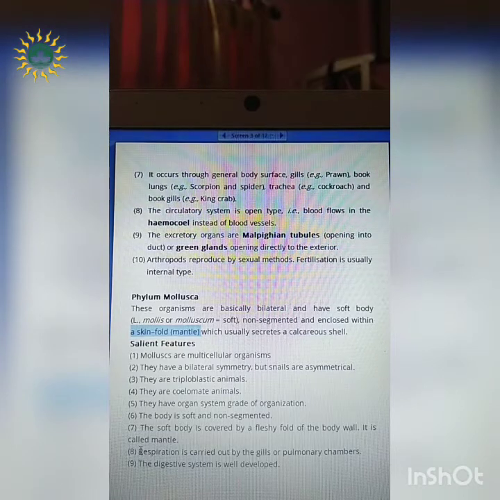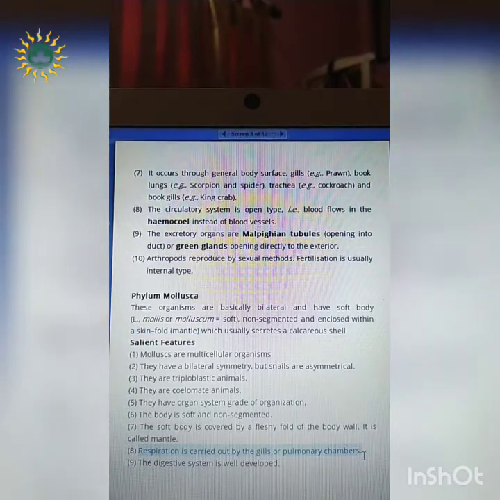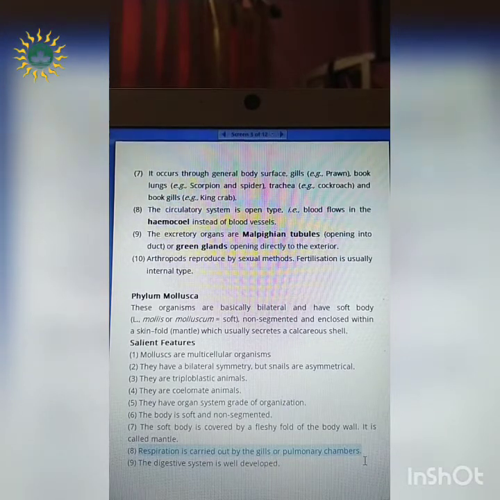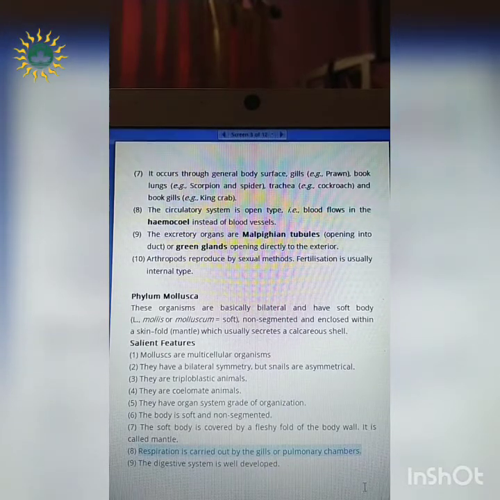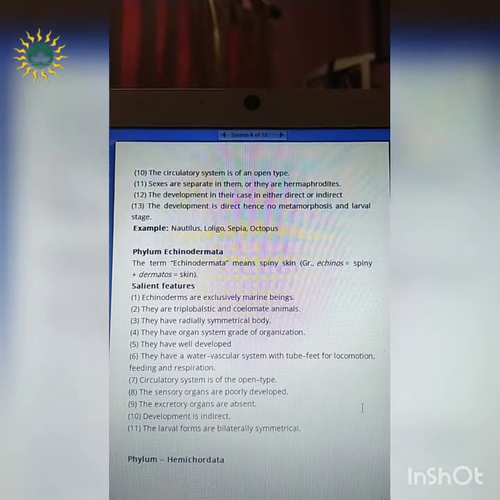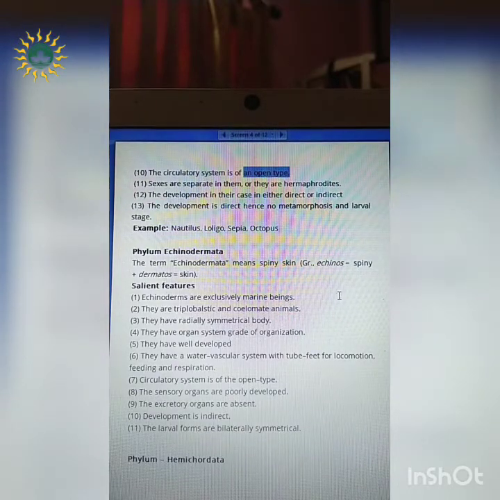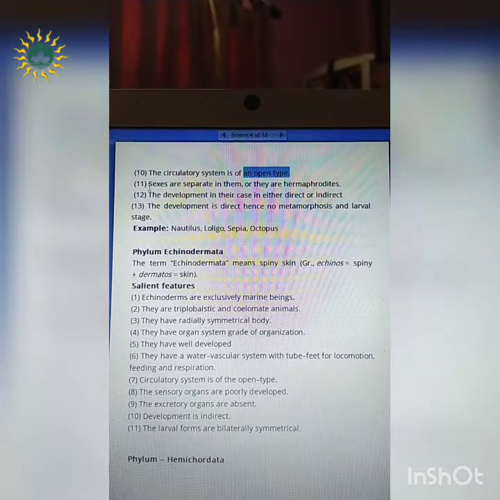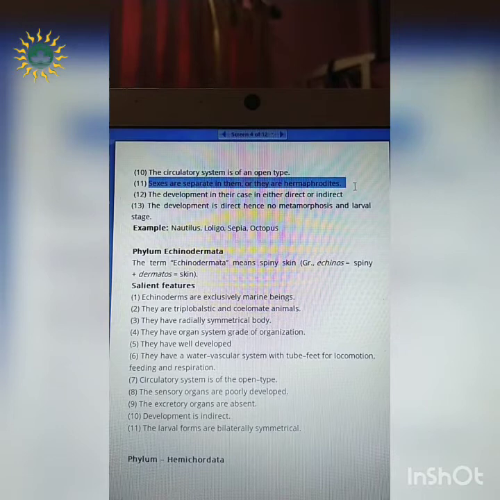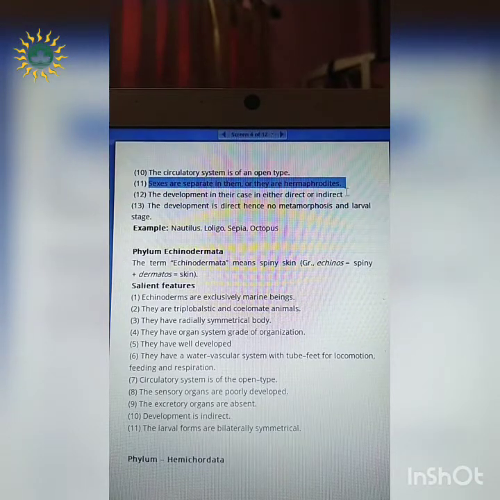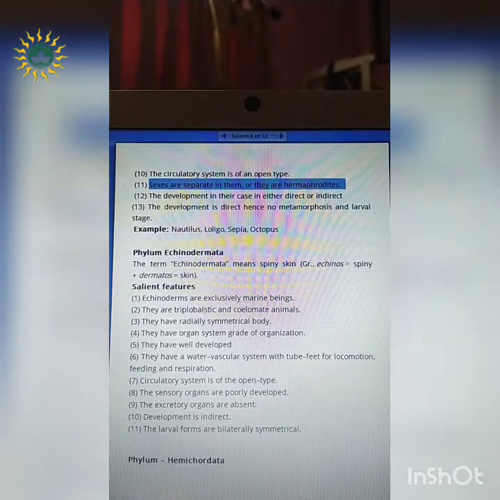The respiration in these organisms is carried out by gills or the pulmonary chambers. So this is the organ of respiration. The digestive system in these organisms is very much well developed, and the circulatory system is of open type. It is not closed, it is open type. The sexes are separate in them, or they are hermaphrodites. Hermaphrodites means that both the sexes are present in one specific organism.